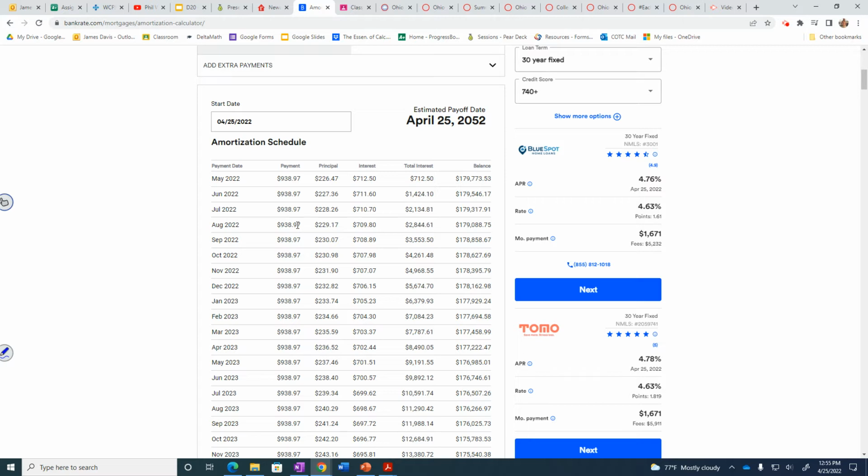In the first year, to May 2023, you would have paid almost $10,000 in interest, and your actual balance has only gone down by about $3,000.